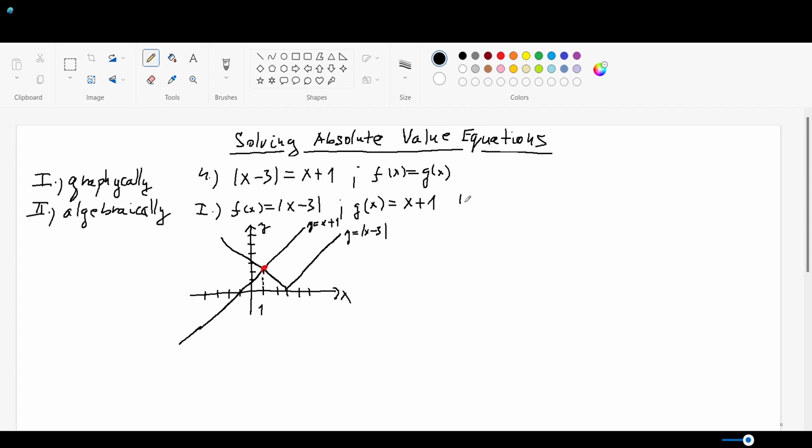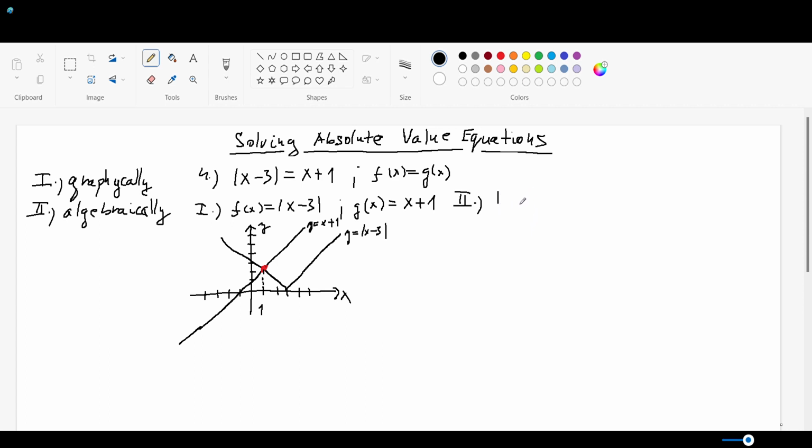Now let's have a look at how it is solved algebraically, and here I will explain the point from the previous video that you have to keep in mind: check whether your solution is really from the interval you are solving the equation on.